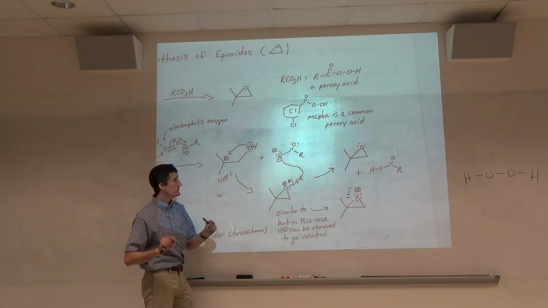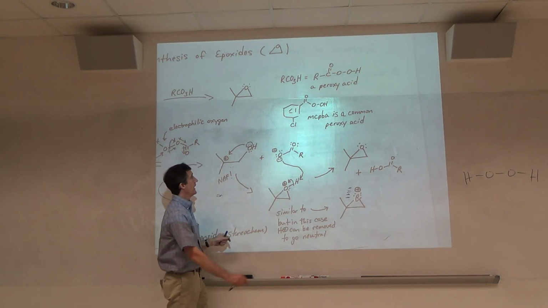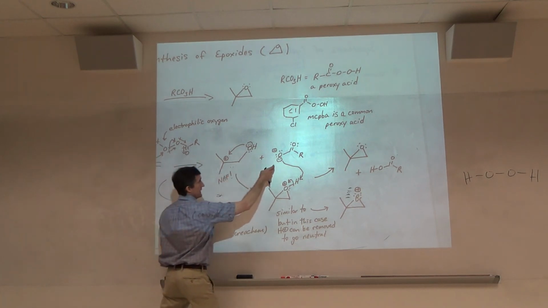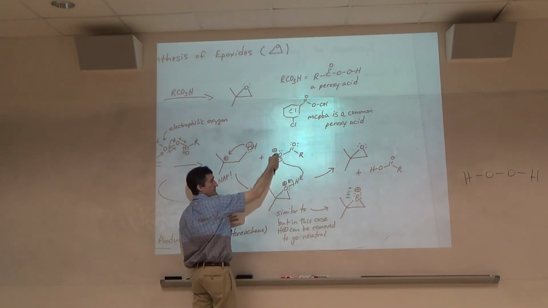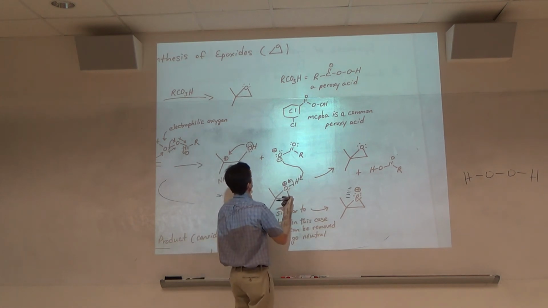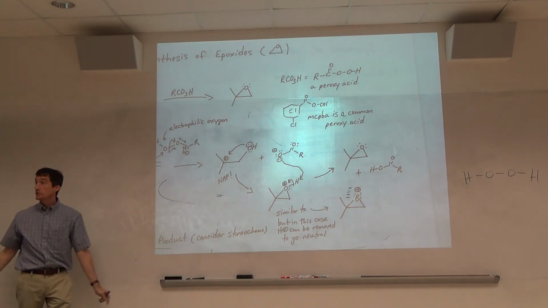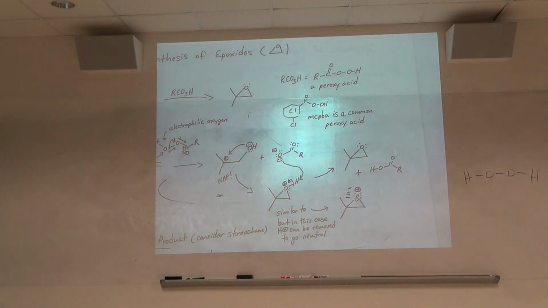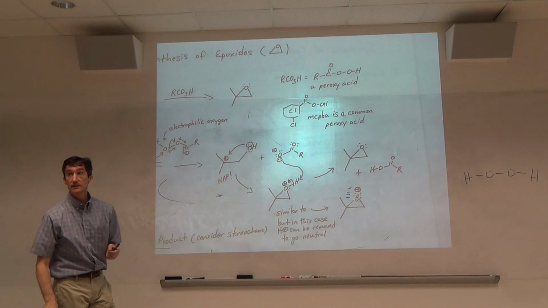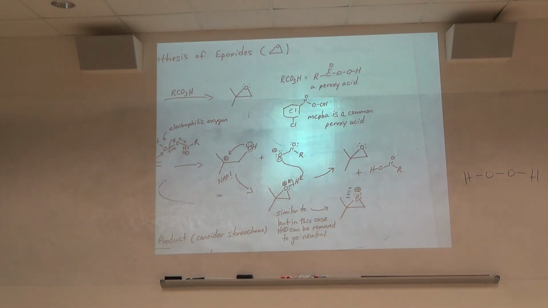The difference is this can go neutral by losing an H. The thing that got kicked off was like acetate. It can act as a base, take the H, electrons stay behind, and if you just simply do that, what do you get? You get your three-membered ring that's going neutral, and that actually can be isolated and made. Yes, it does have ring strain, but three-membered rings can be made.